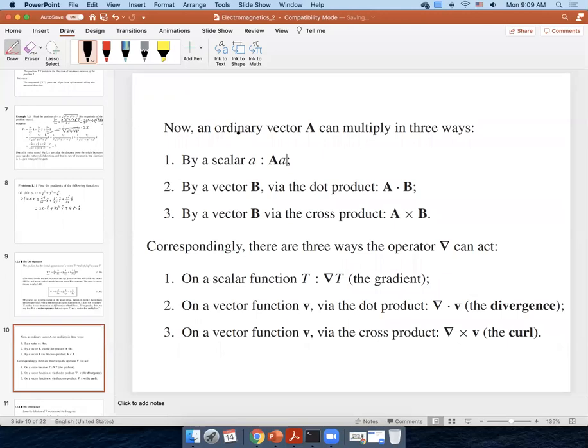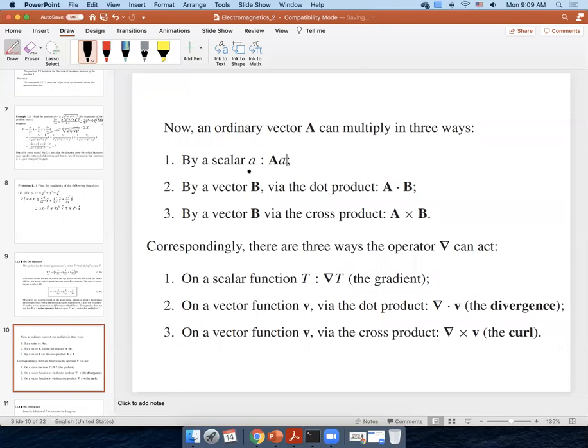So now let's see some operations for the del operator. It's very similar because the operator is very similar to a vector. An ordinary vector A can be multiplied in 3 ways.